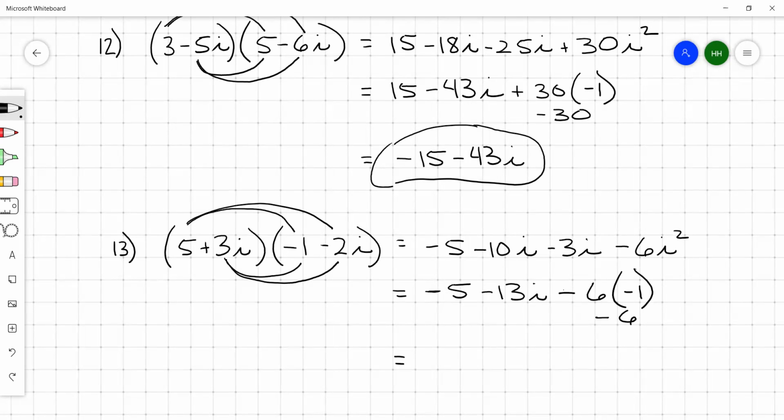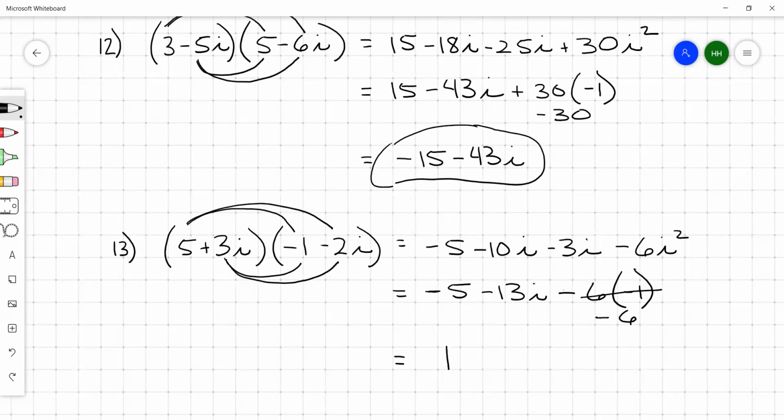Okay? Negative 5 minus the negative 6. This is gone. We replaced it with the negative 6. So in your calculator, if you go 5 negative minus 6 negative and hit equals, you get positive 1.